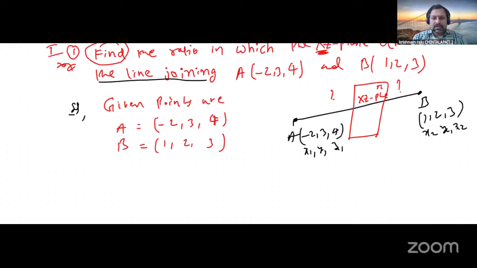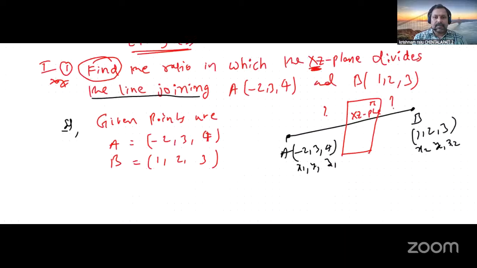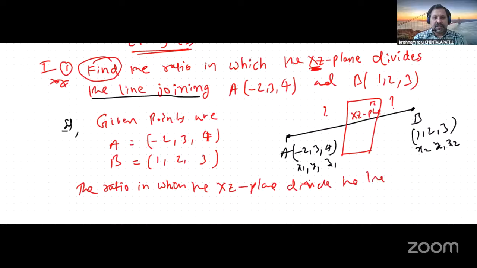Now see the question, remove the word find and write down the remaining part: the ratio in which the XZ plane divides the line joining AB. So what is the formula?